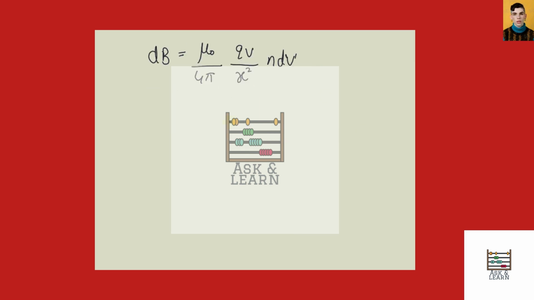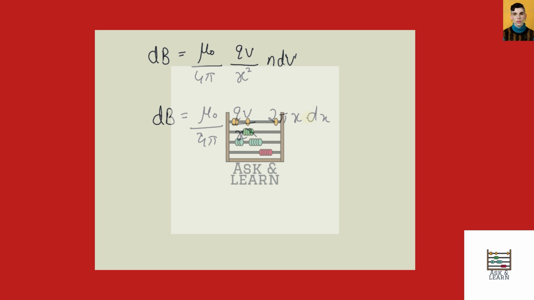Now this is a cylinder, so this dv will be 2 pi x into dx.